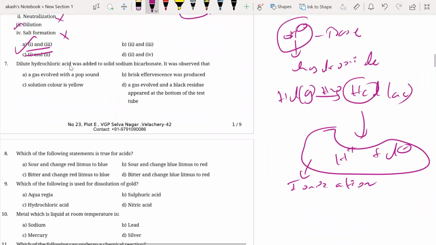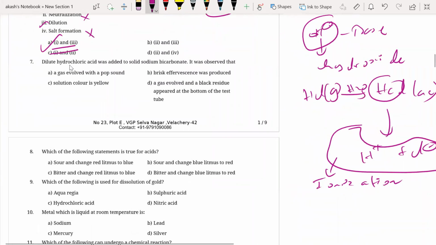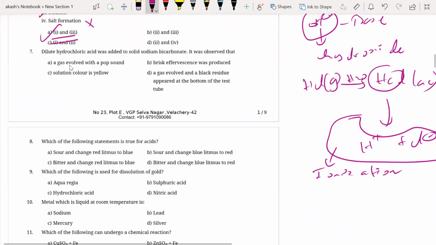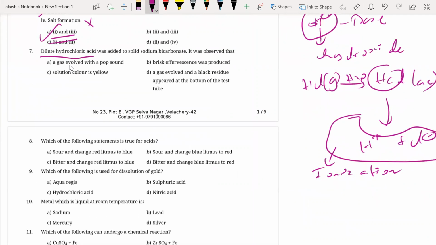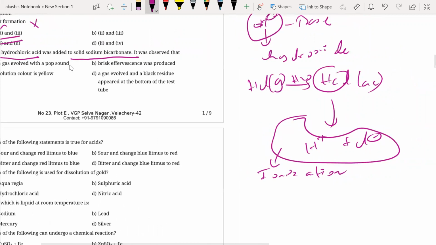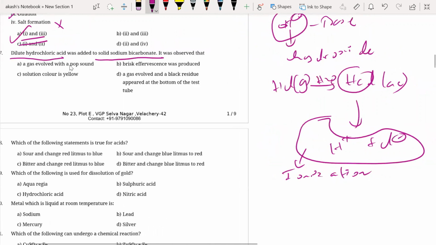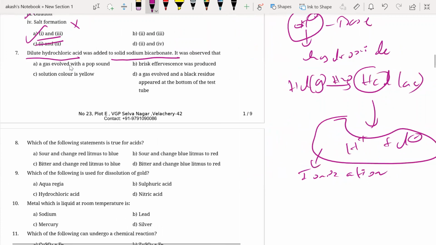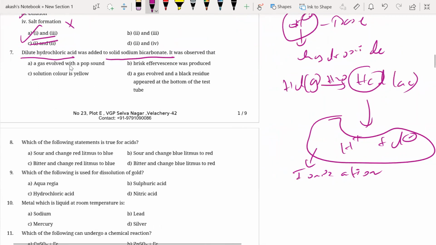Okay, next. Dilute hydrochloric acid was added to solid sodium bicarbonate, right? Let me write the formulas for you. They're asking about dilute hydrochloric acid, HCl, and the other one is sodium bicarbonate.